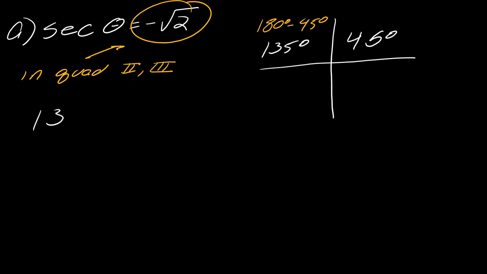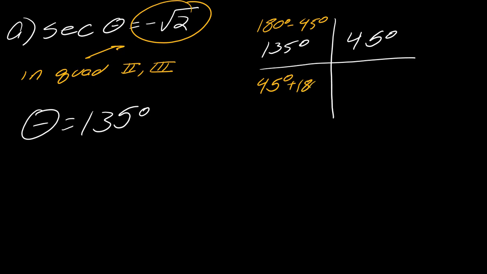So theta is 135 degrees. Then normally we would do theta minus 180, but in this case I can also do 45 degrees plus 180 to reverse engineer what this should be. This comes out to 225 degrees, and that would be my other theta.